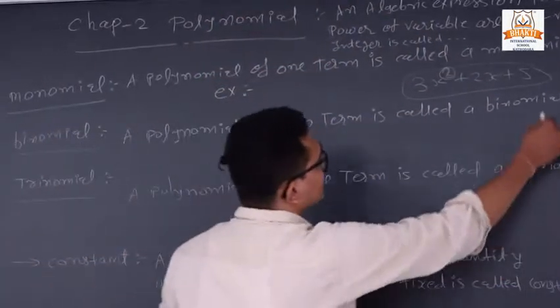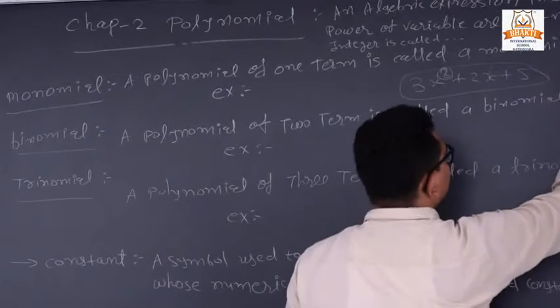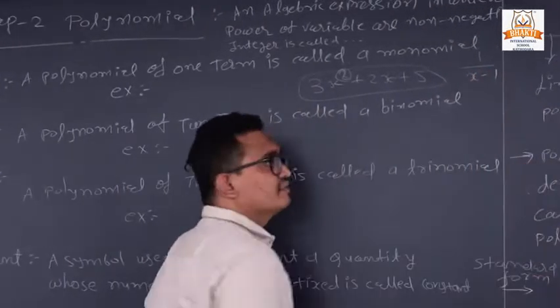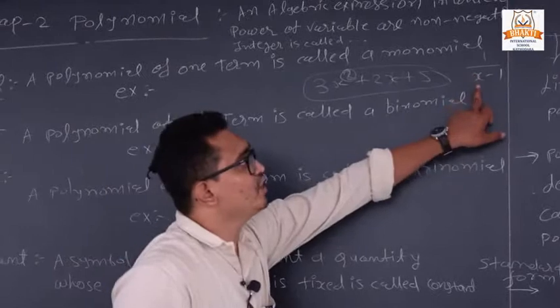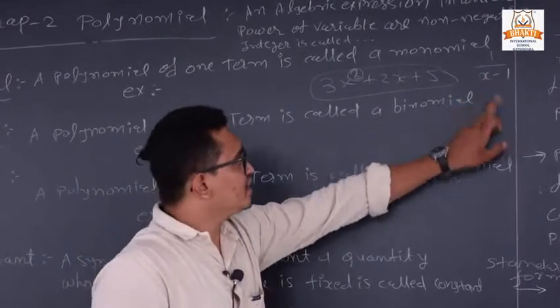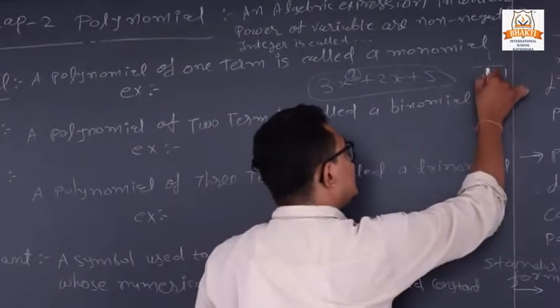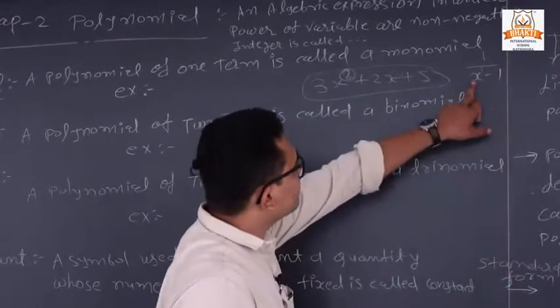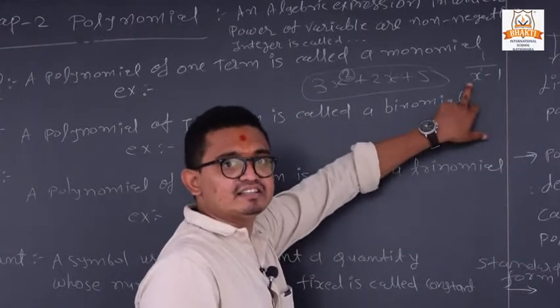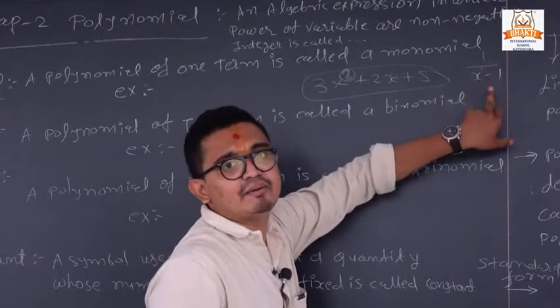But suppose we take one more example, 1 upon x minus 1. It is not called a polynomial. Why? Because here x is in the denominator with a power of 1, but when it goes into the numerator, the power becomes minus.